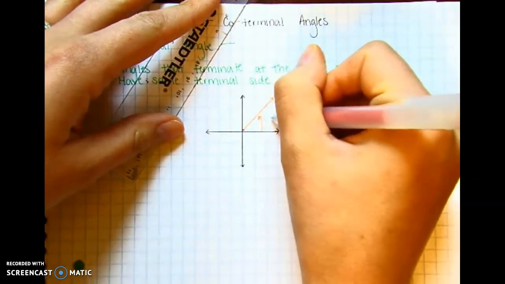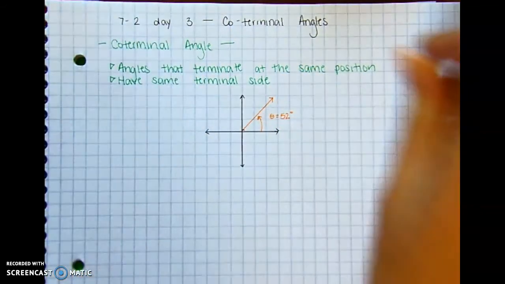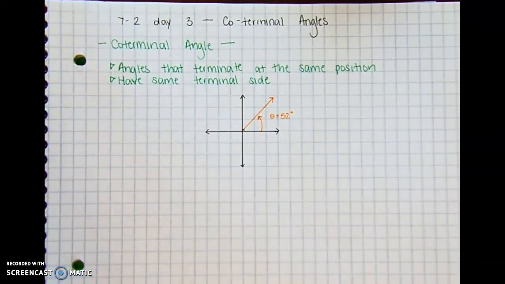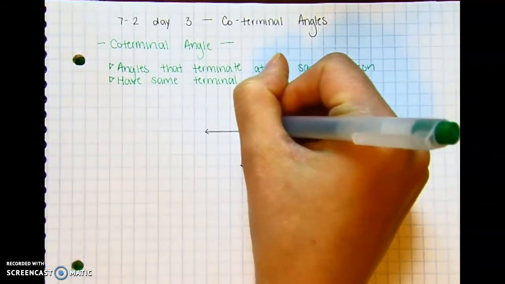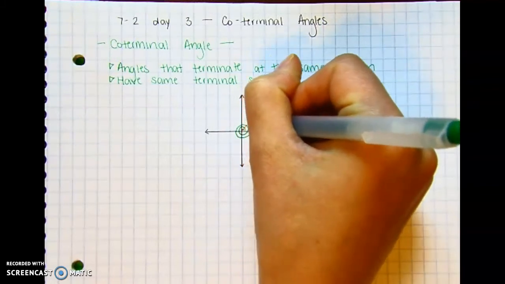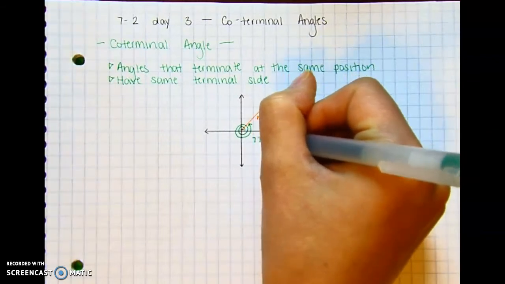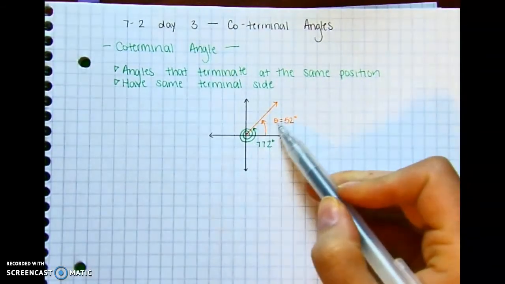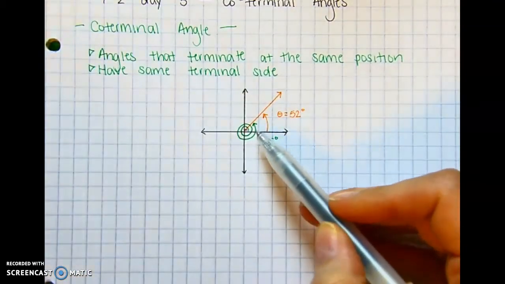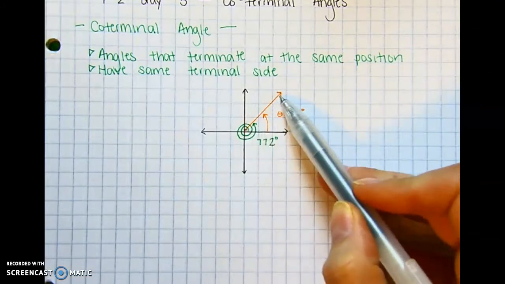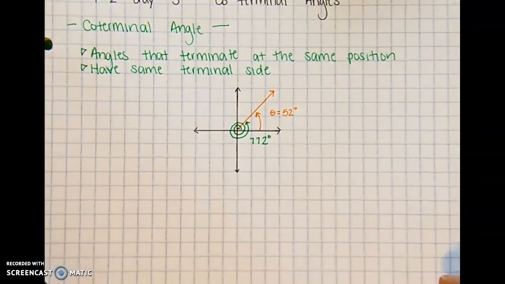So I'm going to say this angle is theta and it equals 52 degrees. And then an angle that's coterminal is going to be 772 degrees. So it goes around 360 and then again plus 52. So 772 degrees. So these are both very different angles, right? Very different sizes, but they're coterminal because they end in the same position. That's why the label is so important.